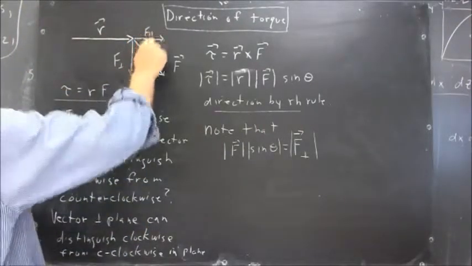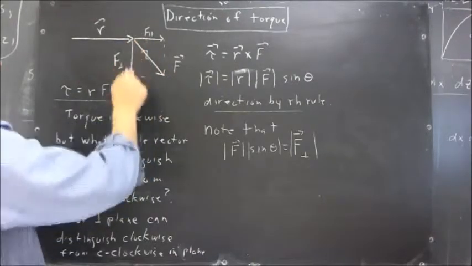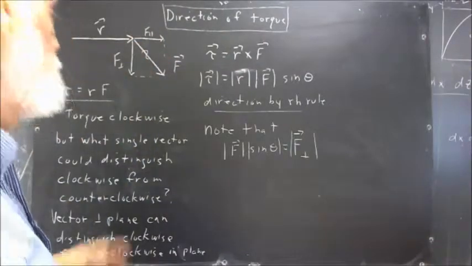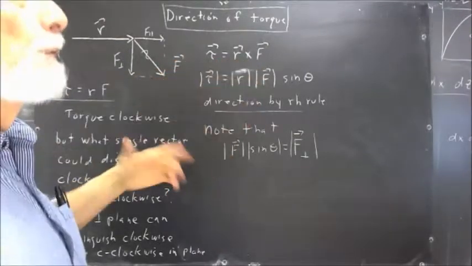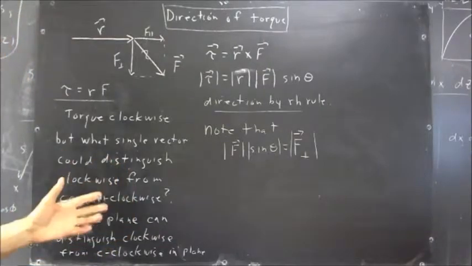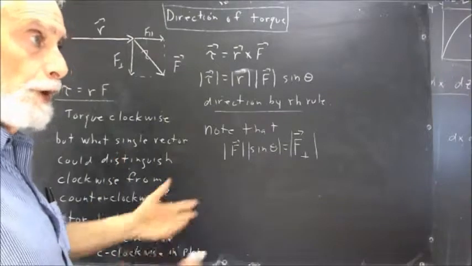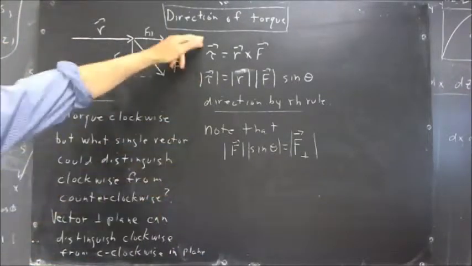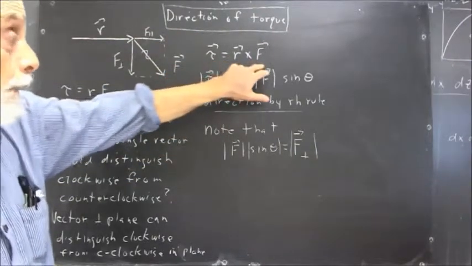Theta would be this angle here, and the sine of that angle multiplied by the f vector gives you the f perpendicular. Cosine, of course, gives you the f parallel. So we have a definition of torque that's motivated by the definition of work, the fact that the work done on an interval is a change in kinetic energy on that interval, and we've moved that into the definition of torque as a cross product of the r and the f.